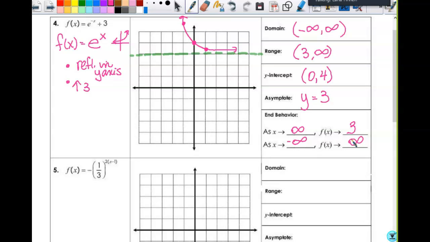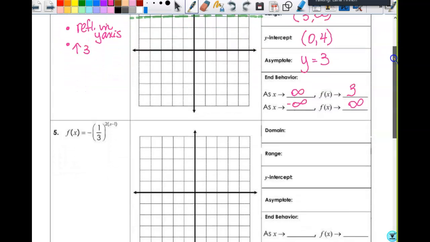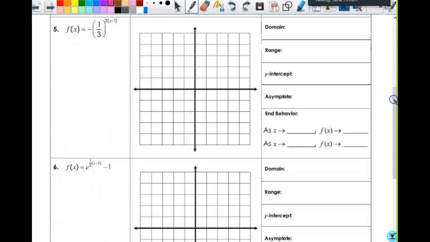So let's look at 5. We have a fractional base here. So we've got f of x equals, the base is 1/3 in parentheses to the x power, which means it's exponential decay. I have 3 transformations. So first I'm going to reflect in the x-axis.